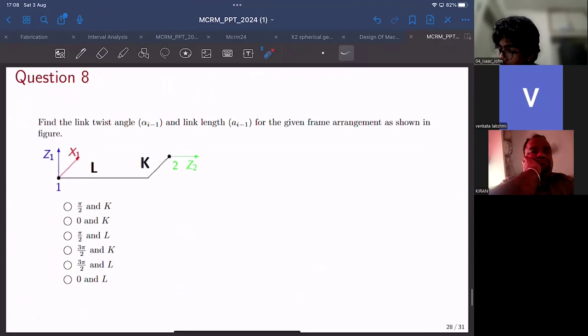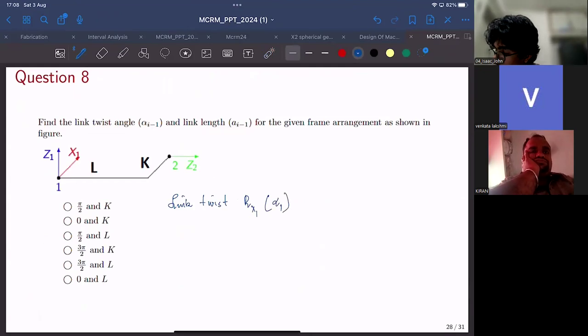Moving on to question 8. Find the link twist angle and the link length for the given frame arrangement as shown in the figure. Link twist, similar to what we have said, is rotation about x1 by an angle alpha 1 so that Z1 and Z2 can be aligned.